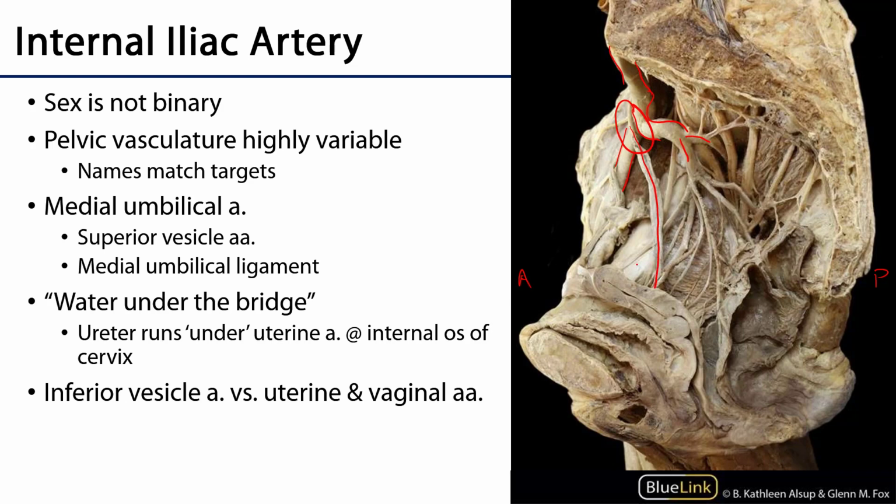Now, it's very important to understand that sex isn't binary. Looking at the full scope of anatomical and physiological variation throughout organisms, especially humans, we can see a wide range of continuous variation.